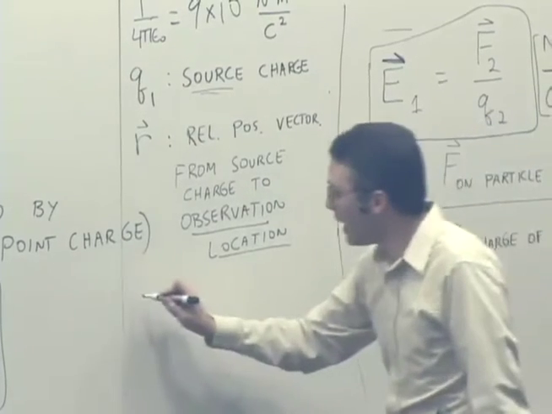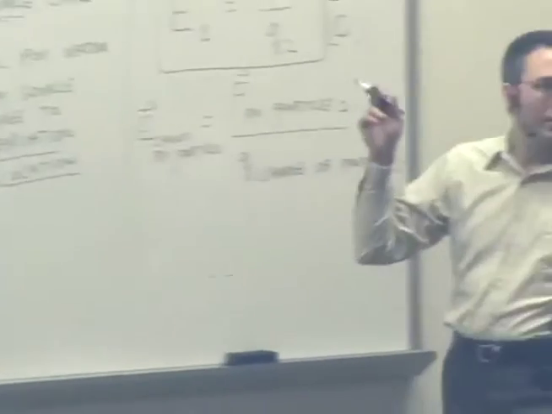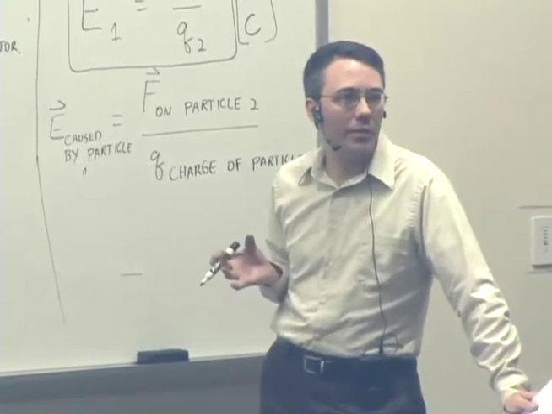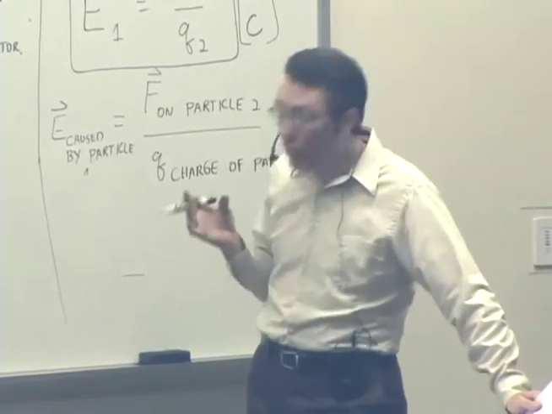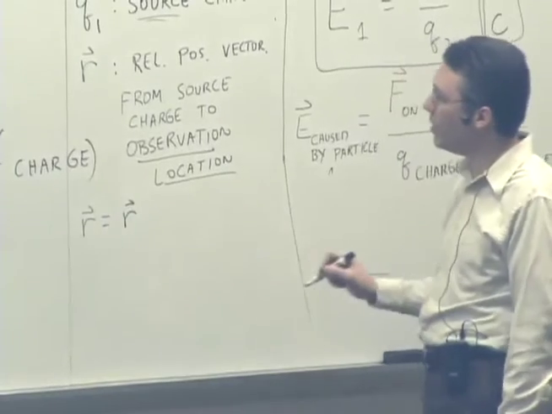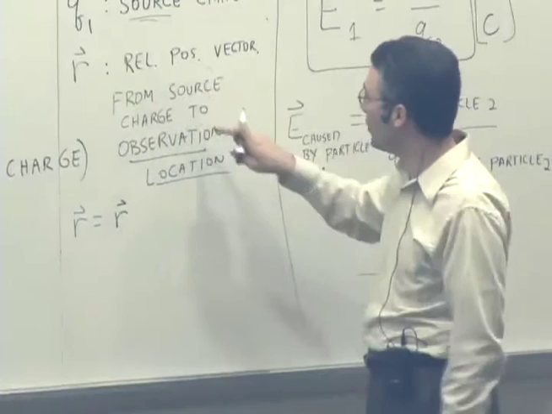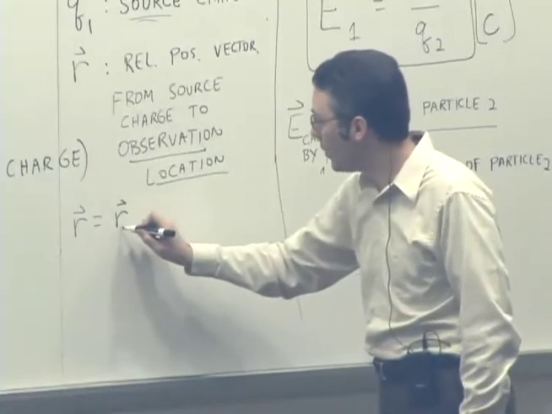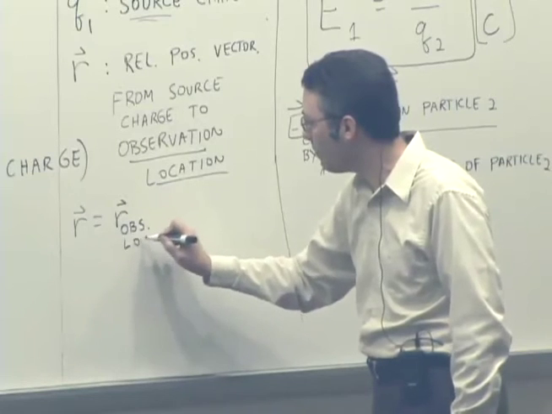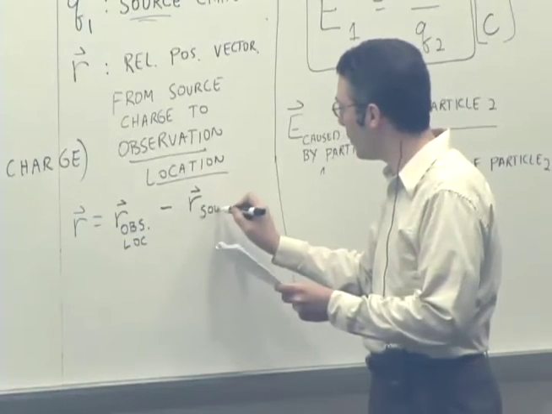So mathematically, how would I describe that? If I want a vector that points from one place to another, I have to do what? Subtract them, right? And so which one goes first? The position of the final, right? So it's from the source to the observation location. So this is R final, or R of the observation location, minus R of the source charge.